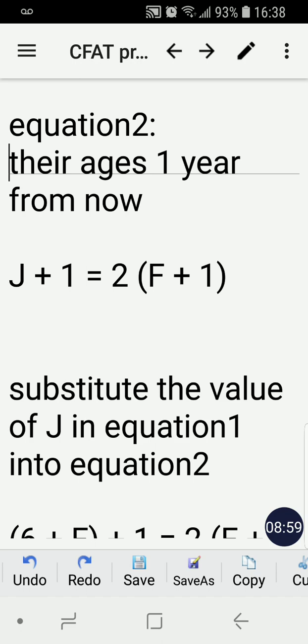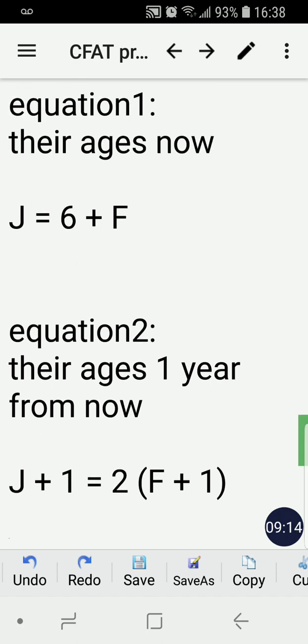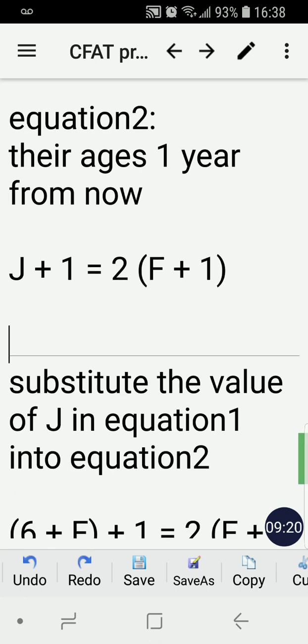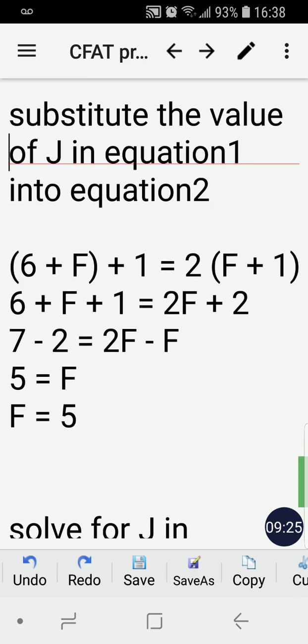Now we manipulate the two equations. We substitute the value of J in equation 1 into equation 2. Equation 1 has J equal to 6 plus F. So we get the quantity 6 plus F, plus 1, is equal to 2 times the quantity F plus 1.